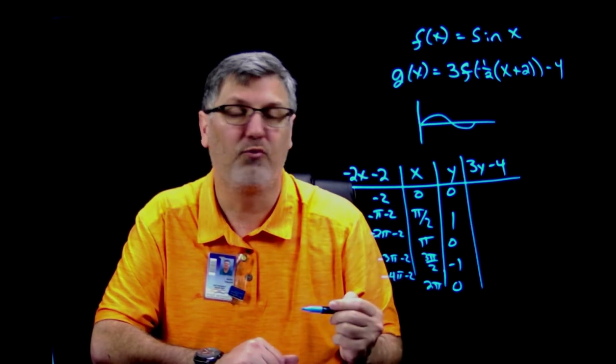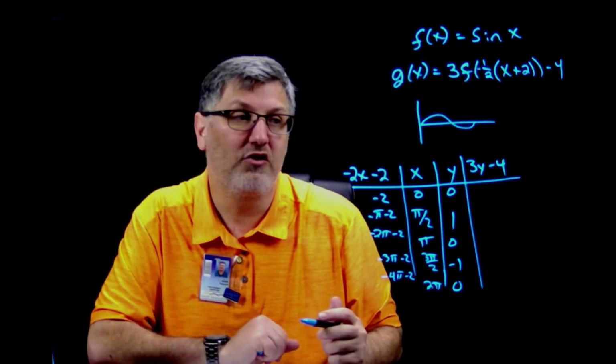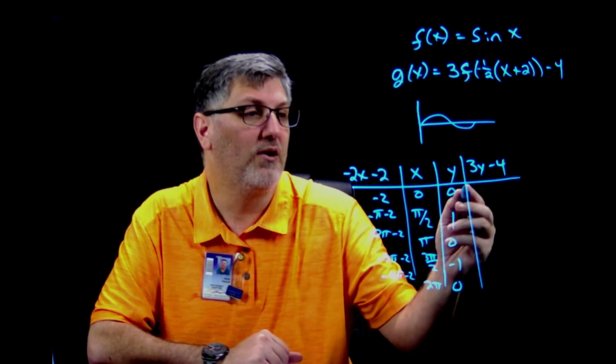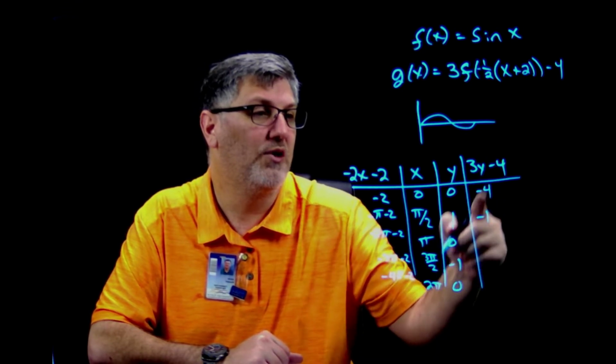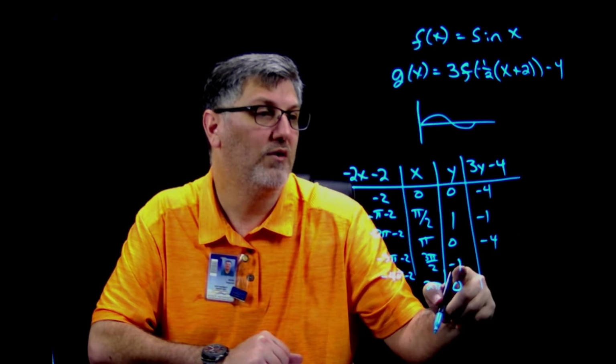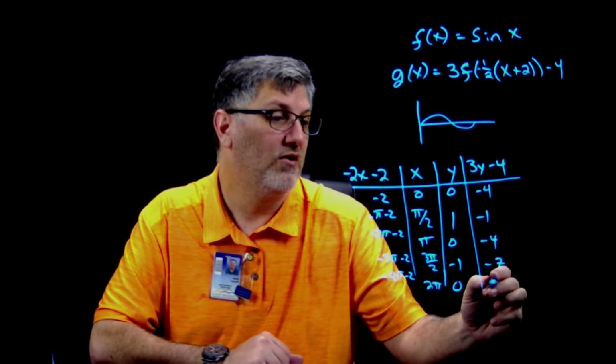And I'll get a decimal for these in a second, because I couldn't tell you exactly where these are on the graph, but when I have a decimal, I can. Over here, I plug them in. This gives me negative 4. This gives me negative 1, negative 4, negative 7, and negative 4.